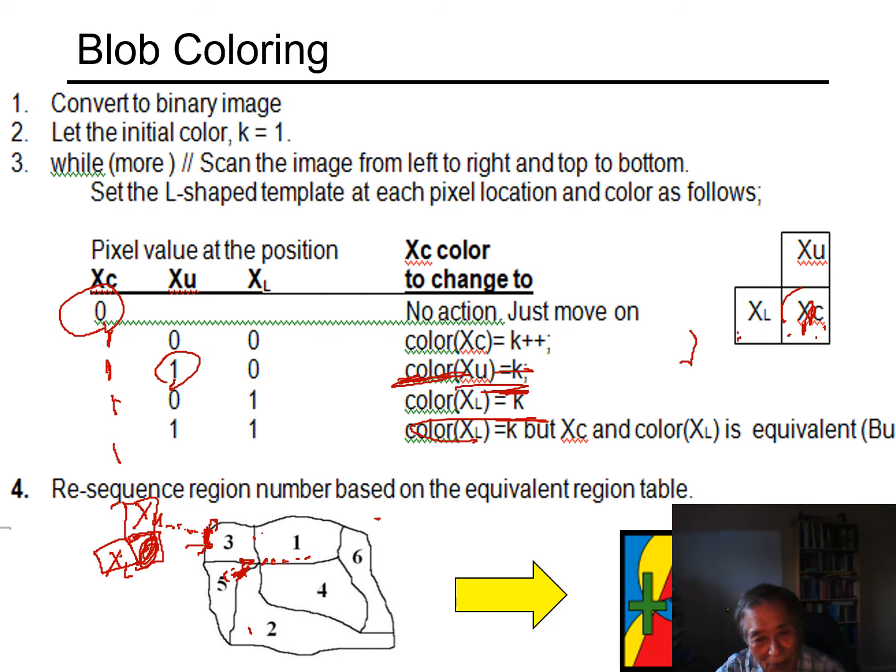So one above, the current one is a line, and the above is a line. Then we'll just go ahead and follow. My new line is the same as the one above. So it is more like going along those lines. And if the one above is 0, but the one on the left is 1, then it's much like we are going along this.